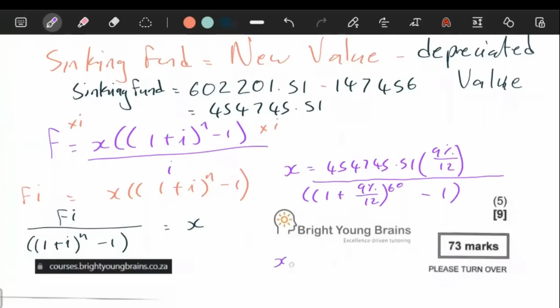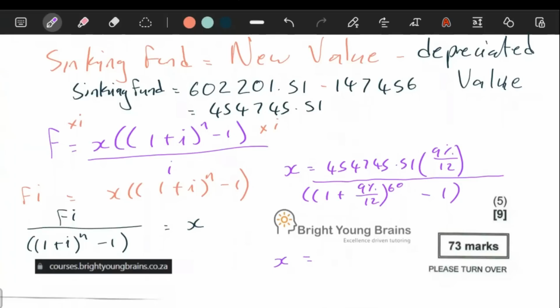And then all this you just have to put in your calculator. Let's put it nicely in the calculator. I see fraction button, 454,745.51, brackets 9 shift percent over 12. The whole thing inside this bracket, and inside there 1 plus 9 shift percent over 12, the whole thing to the power of 60.